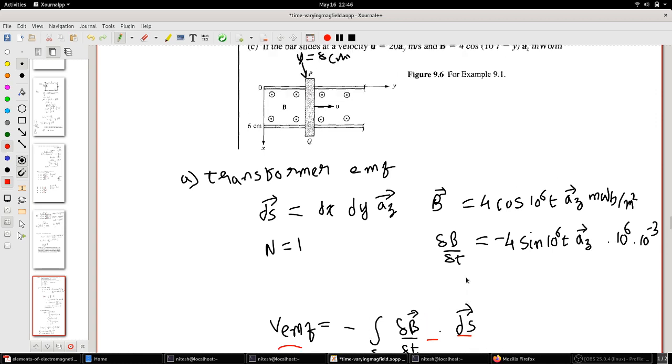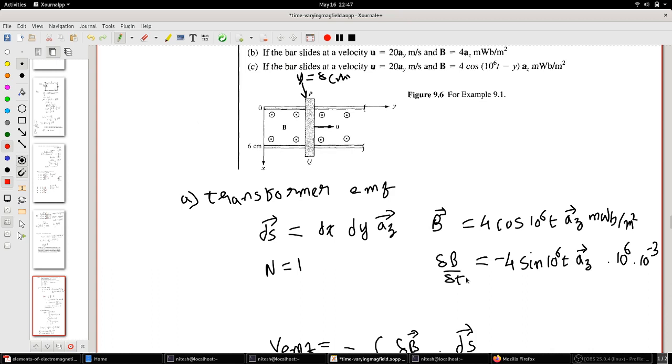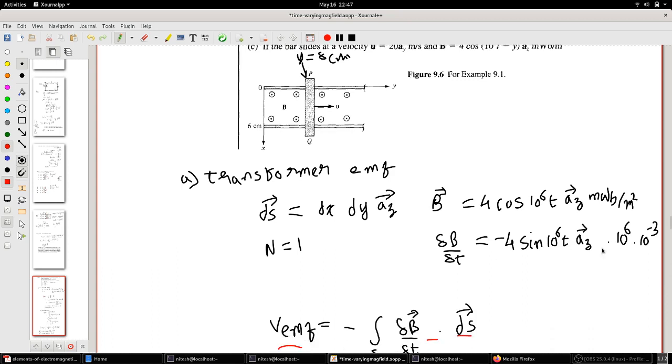Now my B is given as 4 cos of 10^6 t Az milliweber per meter square, so del B by del t will be the derivative of this: minus 4 sin 10^6 t Az into 10^6, and this 10^-3 is balancing the milli in milliweber.